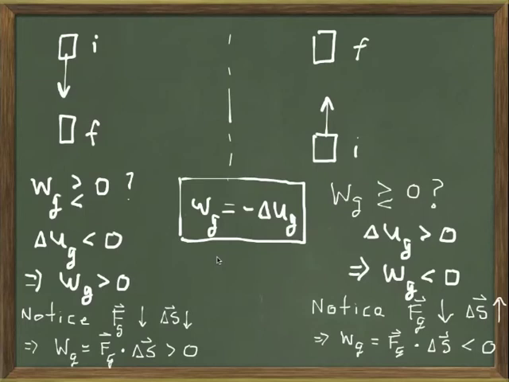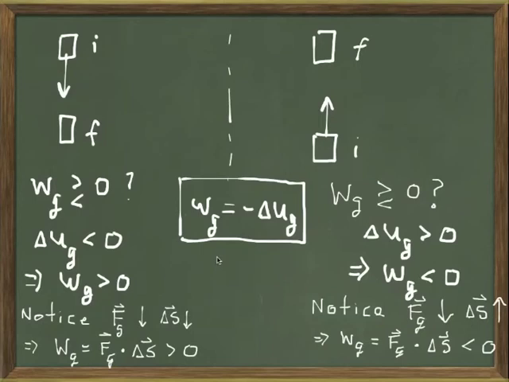Because remember that the dot product has a cosine of the angle between them. So if the angle is 0, cosine of 0 is 1. But if the angle is 180, you get minus 1. So your dot product is going to be negative when the vectors are opposite. In fact, the dot product is going to be negative whenever the angle between the vectors is between 90 and 270.